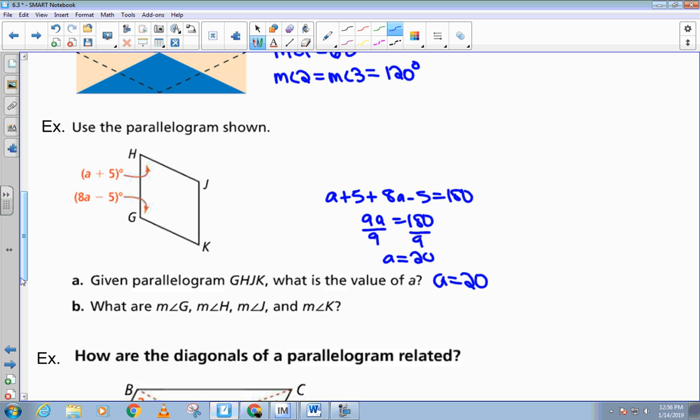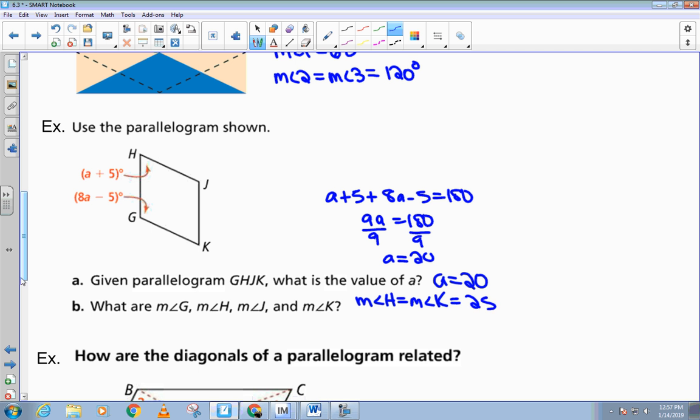Then we need to find all the angles, right? If we find H, what do we know about H? It's congruent to K, so the measure of angle H equals the measure of angle K. And if I plug 20 in there, what does it make both of those? 25.